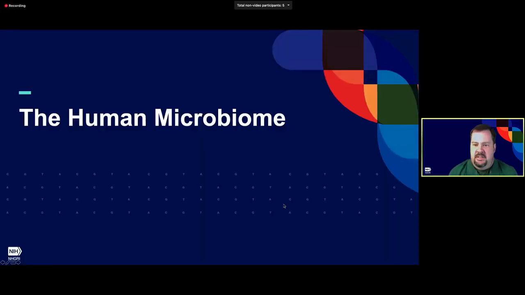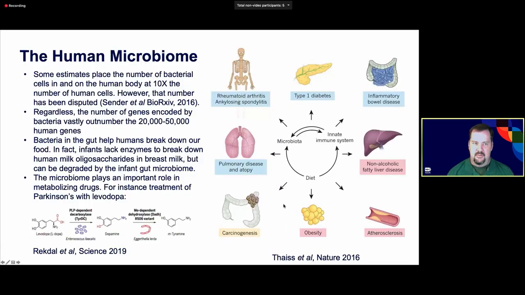So now I'm going to get to the human microbiome, and I'm going to start talking about the healthy human microbiome, or at least understanding it in terms of how the microbiome impacts different systems in the body. It's a fairly common trope that there are 10 times as many bacterial cells in and on the human body as there are human cells, and that's because bacterial cells are much smaller.